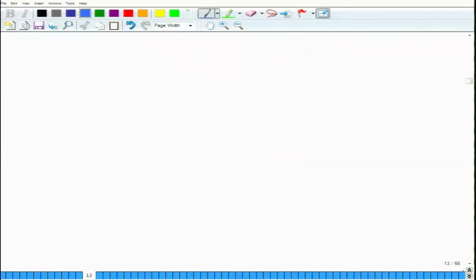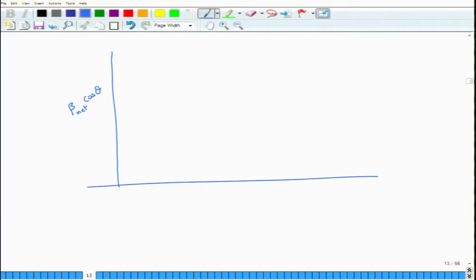So, this is a simple linear equation. I plot beta net cos theta as a function of sin theta.